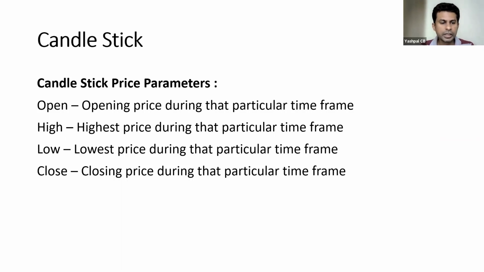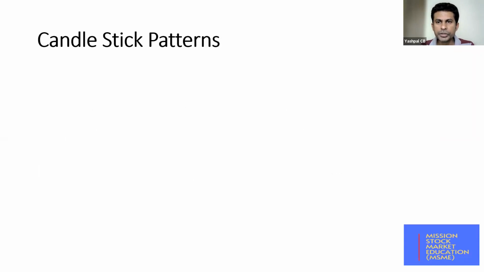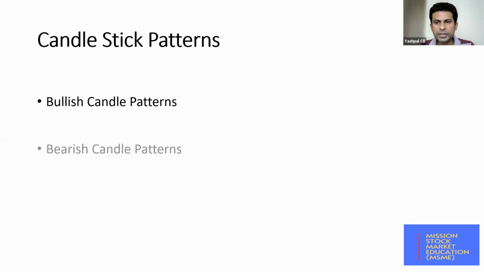So all these details it can give you. Now when it comes to candlestick patterns, we have three different types: first one is bullish candle patterns, then bearish candle patterns, and third one is neutral candle patterns.